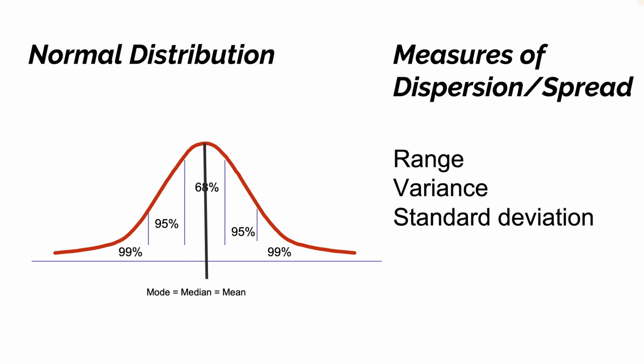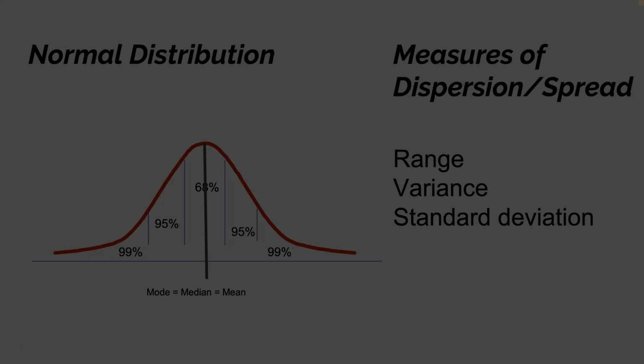So if we see here, we have the central point would be a 0 standard deviation, and then we have 1 standard deviation in each direction, and that brings us to 95% of the values, the area under the curve, if you will. And if we take those outlying ends as well, it's going to be 99%.